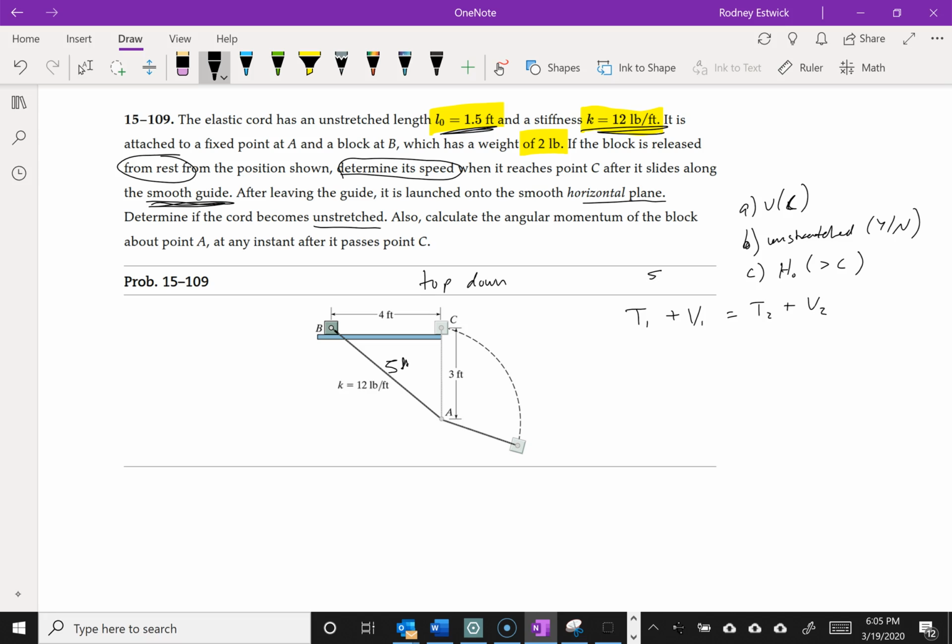There might be a sum of non-conservative forces right here. I've eliminated it because there's no friction, and there is work done by the elastic, right? But in this terminology with the potentials, that effect of that force is caught in this potential term.